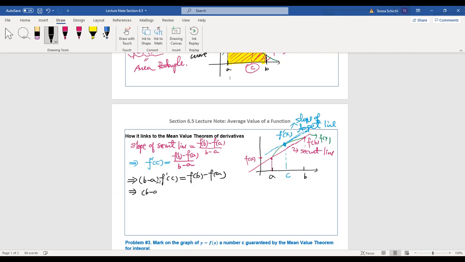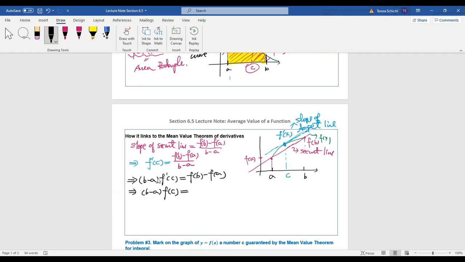So this is b minus a. The f prime, when you take the integration, will be f of c here. So what is this f of b minus f of a?